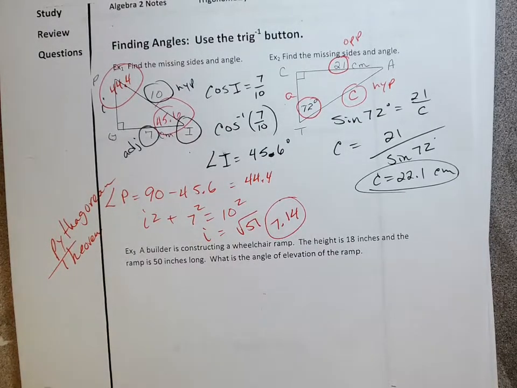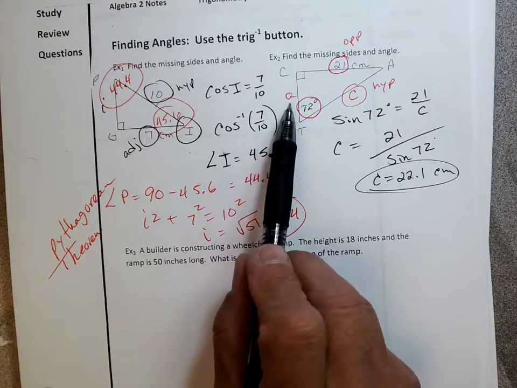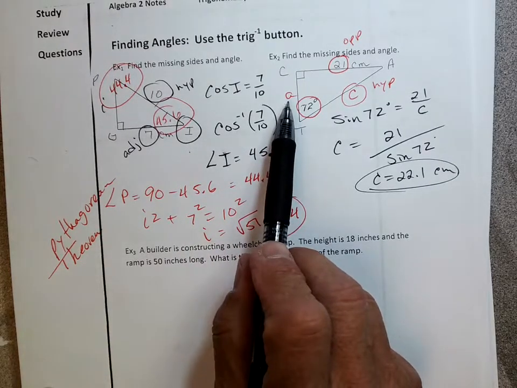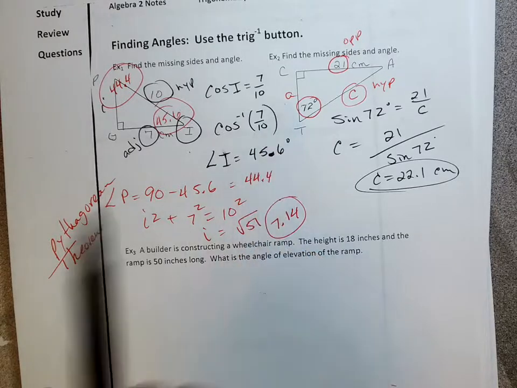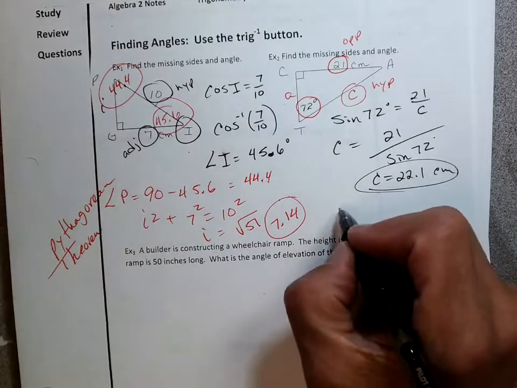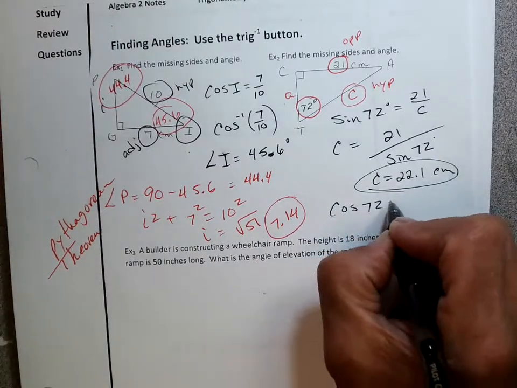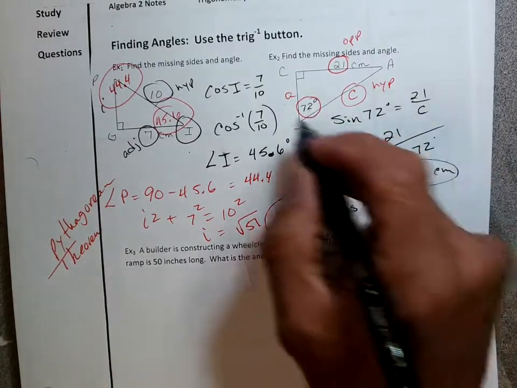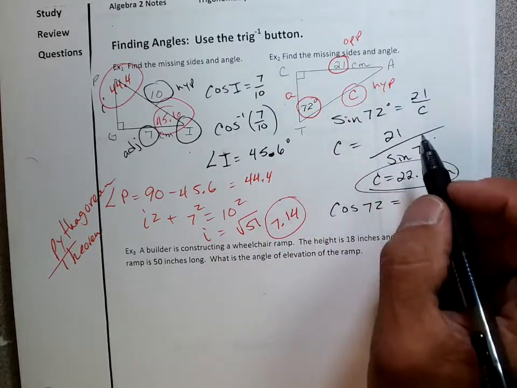There are two ways to find little a. I could use cosine if I wanted to do trig again, or I could do Pythagorean's theorem. You guys probably like Pythagorean's theorem. I'm going to use cosine just because I'm a little Mr. Smarty Pants. So cosine of 72 equals little a over my 22.1. Oh, actually, I can use tangent.